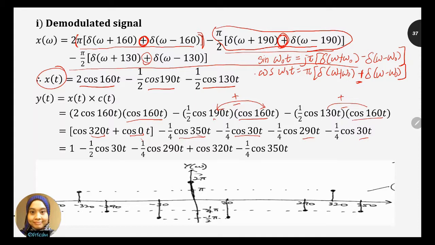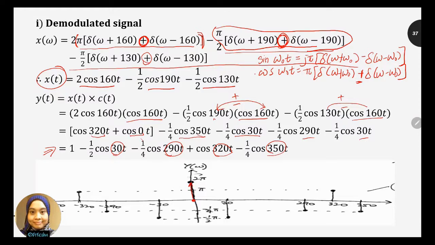Okay, so rearrange this equation, and you will get the final line of equation, and you will see that for each t here, we have 30t, 290t, 320t, and 350t. So you need to try to sketch the graph here. We have 1, meaning that you have this one until 2 pi.